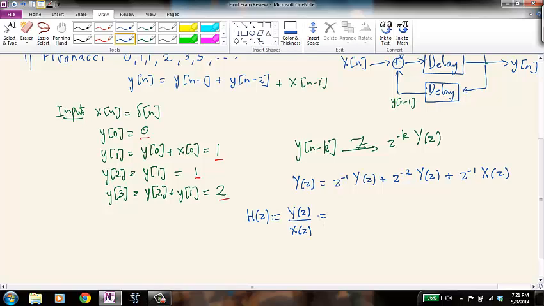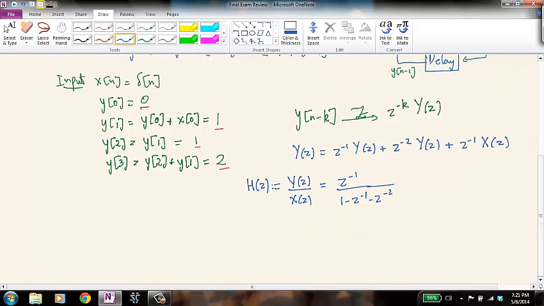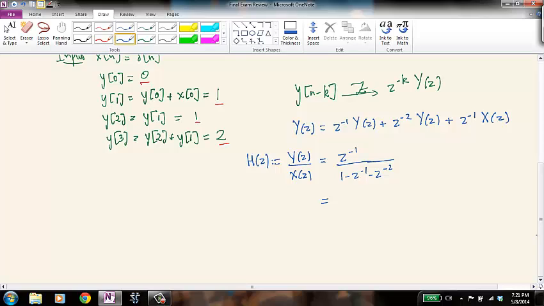So this ratio is supposed to tell you how the system affects inputs. Okay, so it's something that looks like this, and you can multiply both numerator and denominator by z squared, and you get something like this.